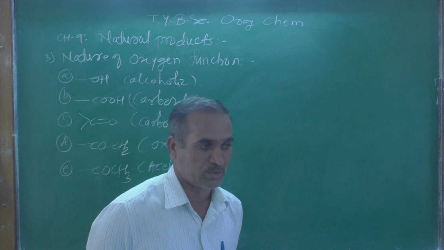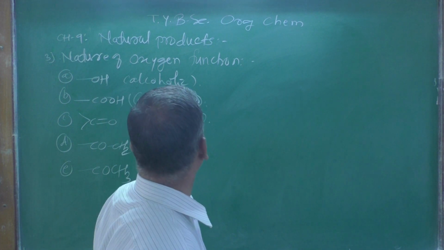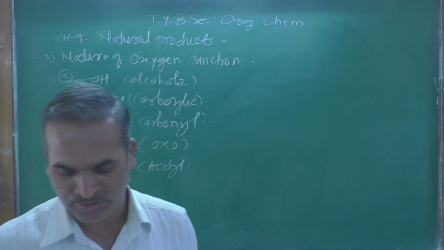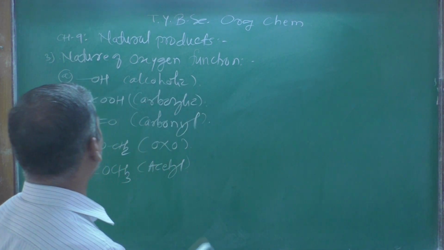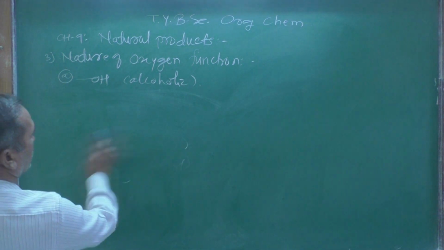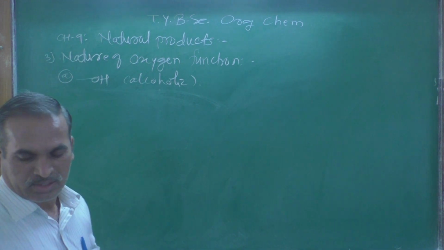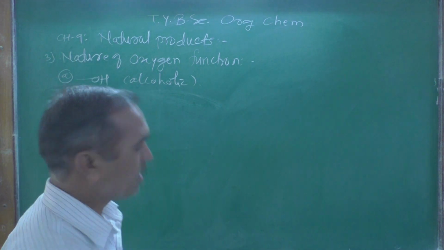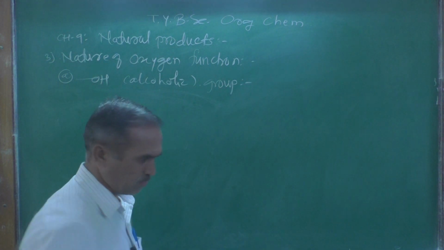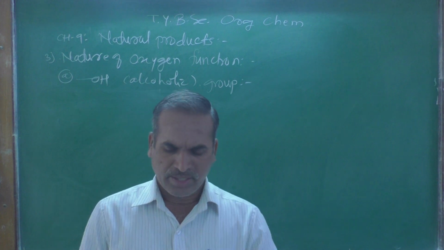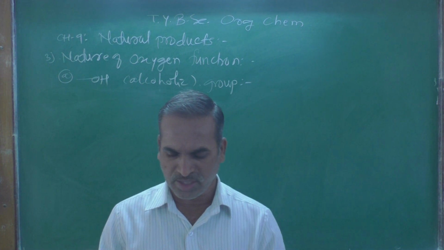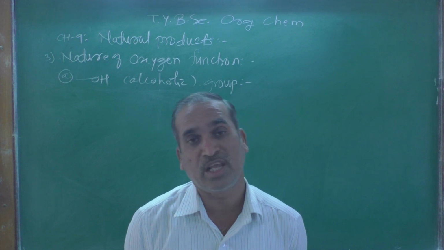How will you find out the presence of the alcoholic group in terpenoids? Let's see one by one. The first one is OH, the alcoholic group, which we are going to learn. It is detected by the action of acetic anhydride or phenyl isocyanate.